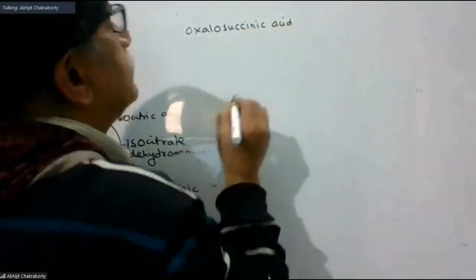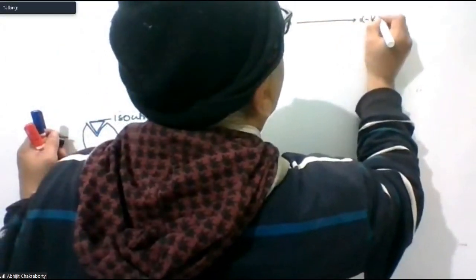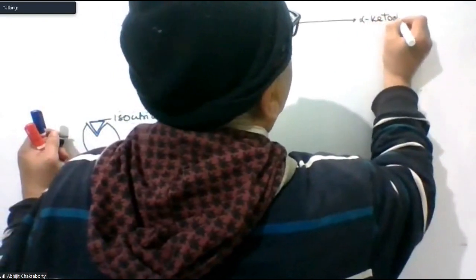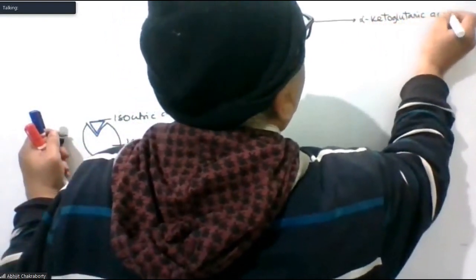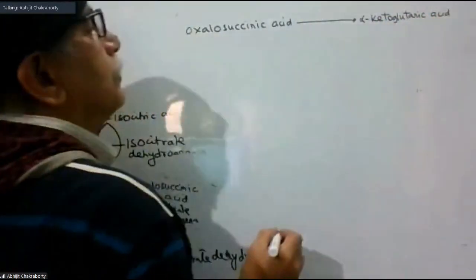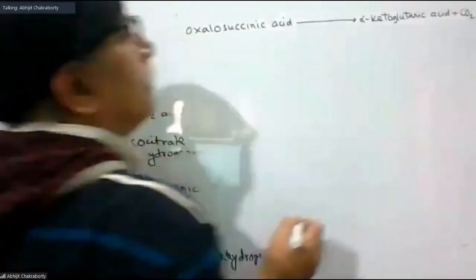Oxalosuccinic acid becomes alpha-ketoglutaric acid with the release of carbon dioxide.